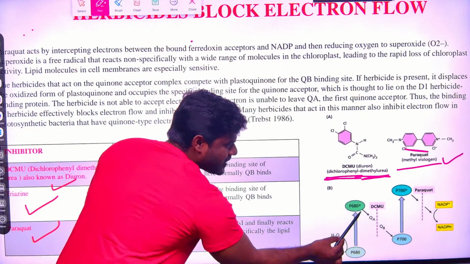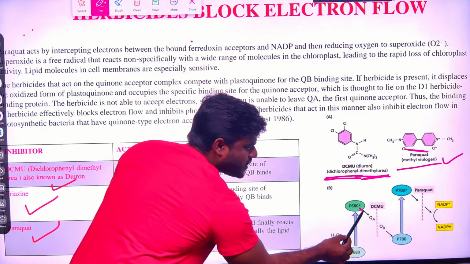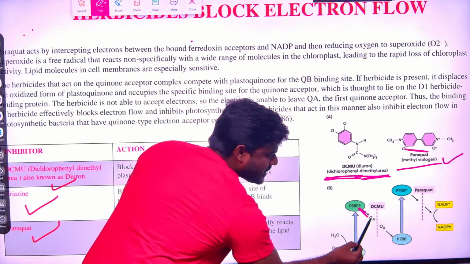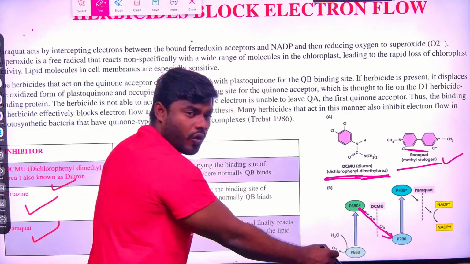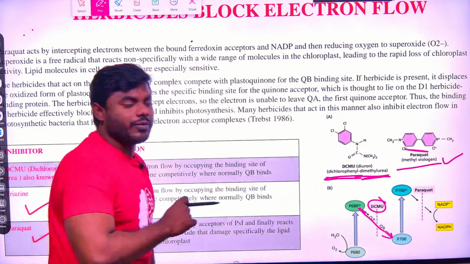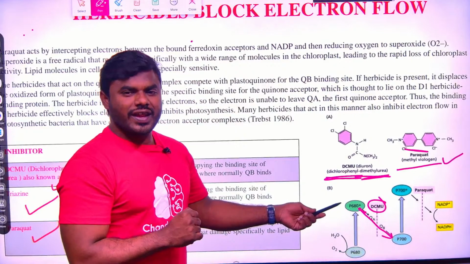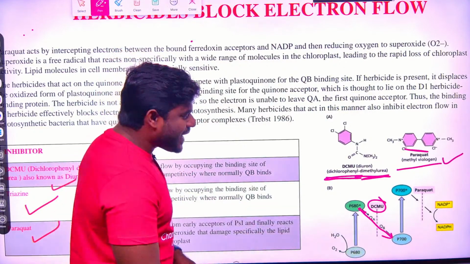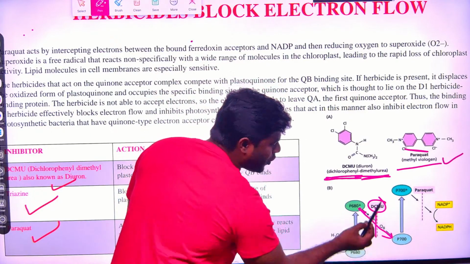P680, see this, everyone focus. This is the area where the electrons are flowing from the P680 to the P700. Now this flow can be blocked by the DCMU. And where exactly is it blocking? It is exactly blocking in between QA to QB.